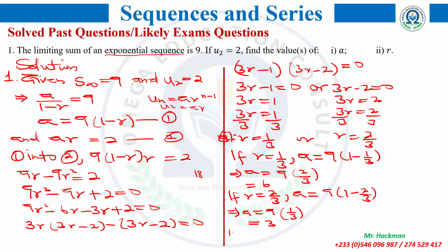Therefore, A is equal to the first value we got, which was 6, or 3. We are done. Then clear this. So we are good to go. My point well made, my professors.